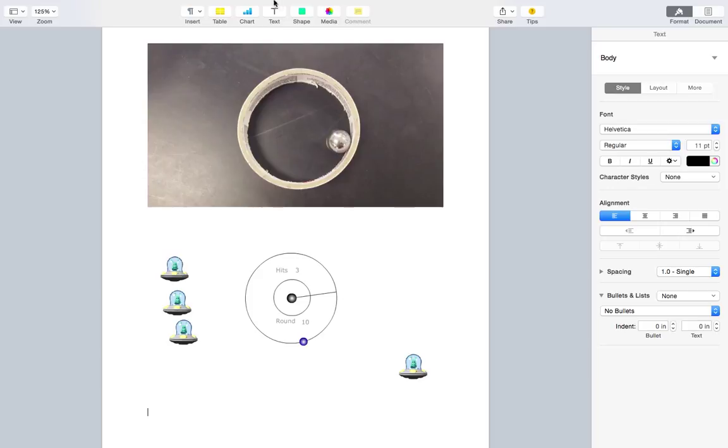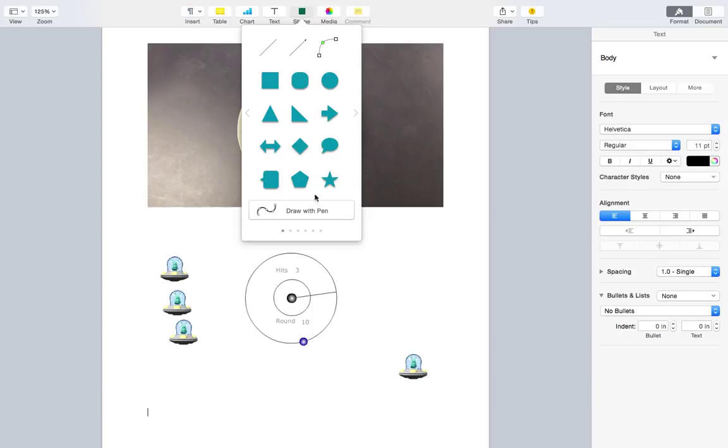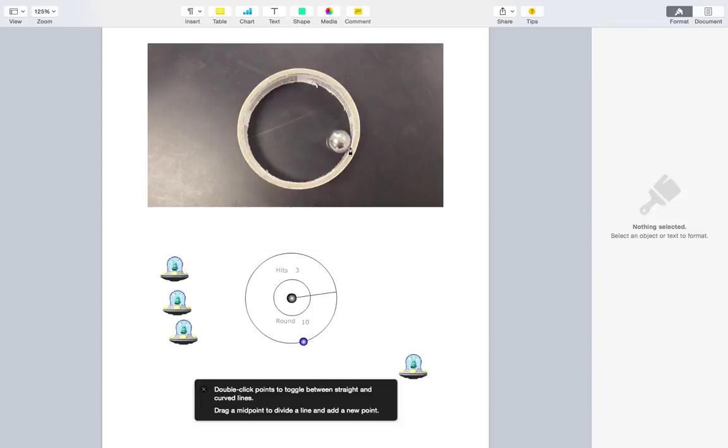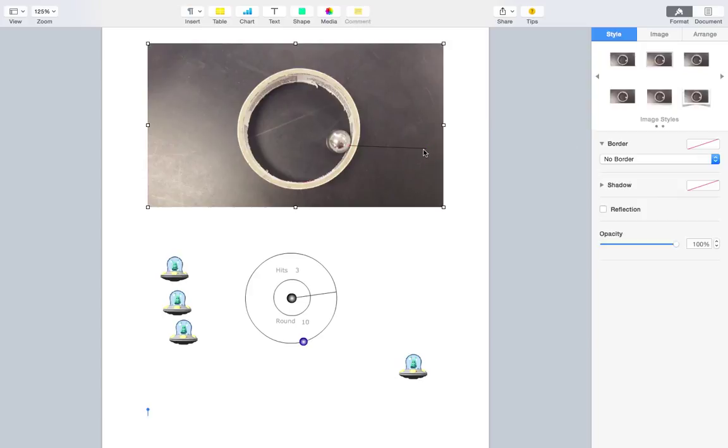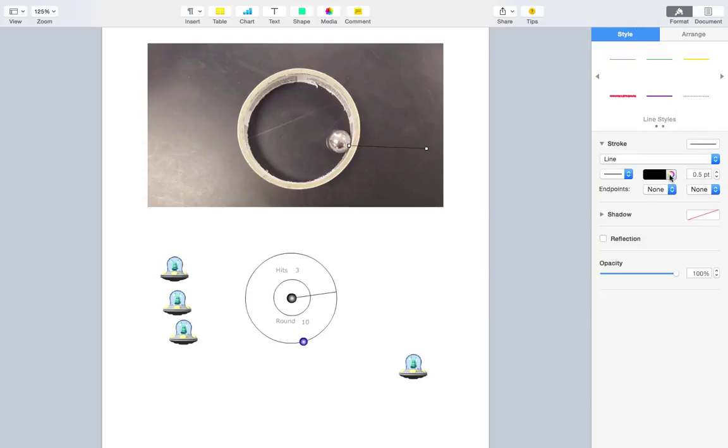So we know that. Let me draw some shapes on here. We've had some people originally thinking, let's make that easier to see.